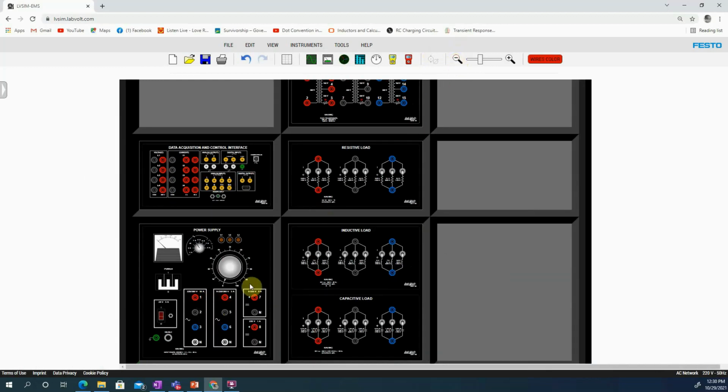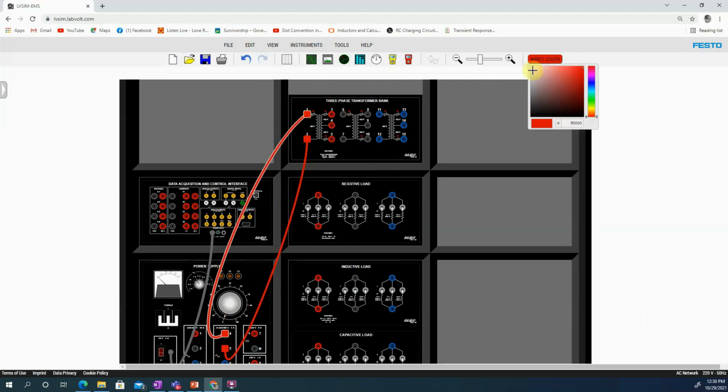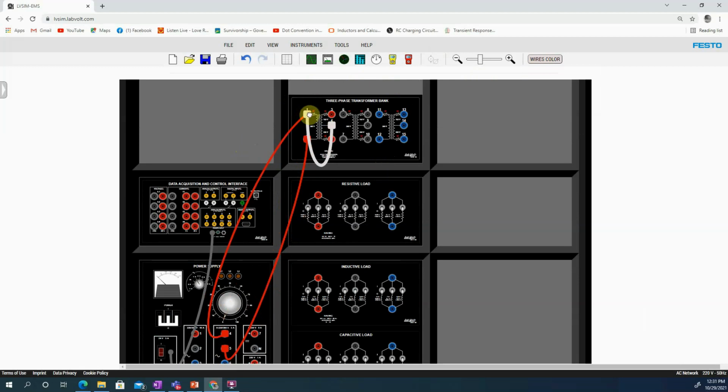This one is off. Our lab volt. And then here we have to put another one here. This is 380. Right? And I'm going to put a jumper wire from this point up to this point.